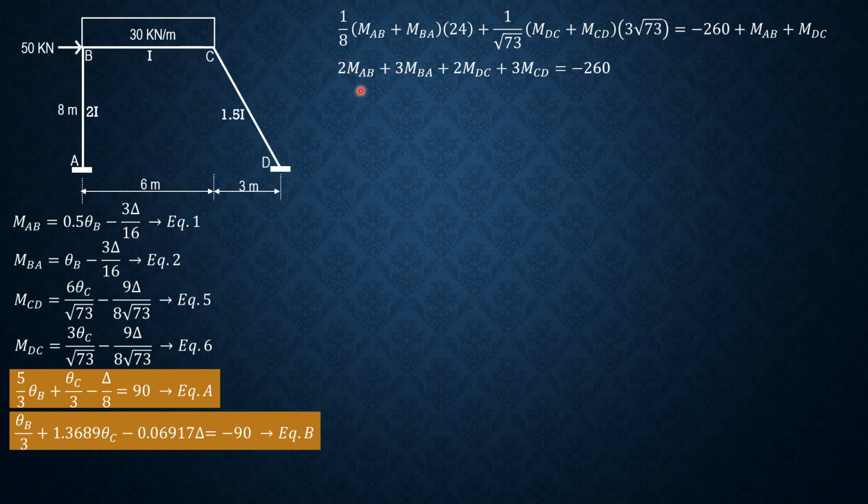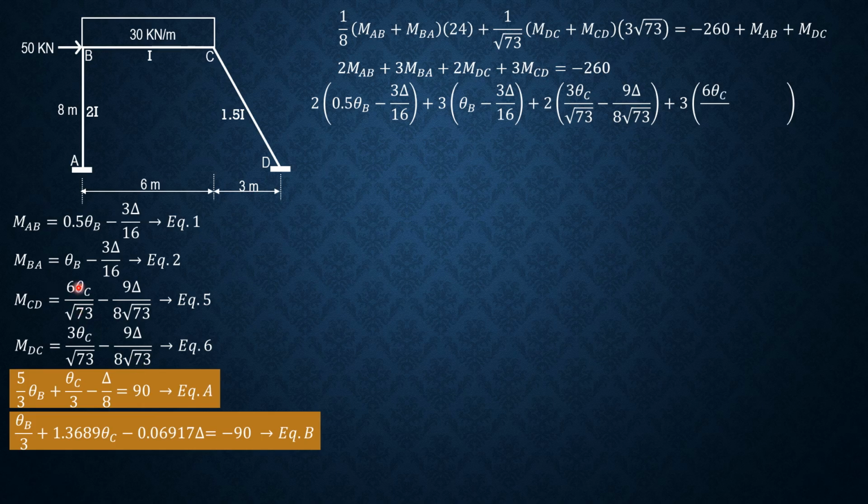So MAB is this one. So 2 times 0.5 theta B minus 3 delta over 16 plus 3 times quantity theta B minus 3 delta over 16 plus 2 times 3 theta C over square root 73 minus 9 delta over 8 square root of 73 and plus 3 times quantity 6 theta C over square root 73 minus 9 delta over 8 square root of 73 equals negative 260.